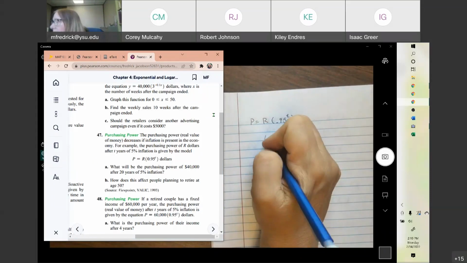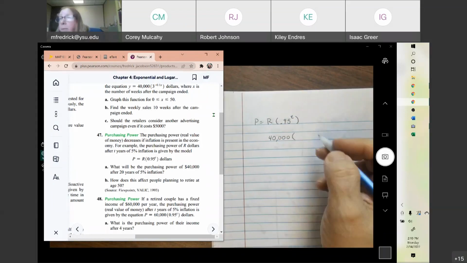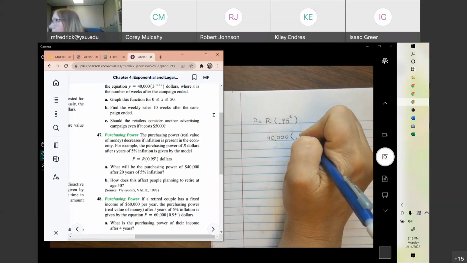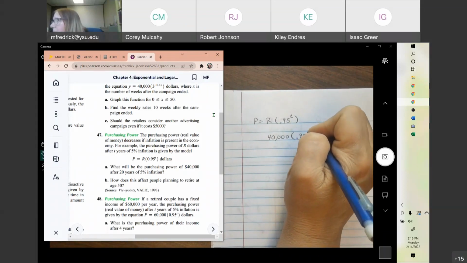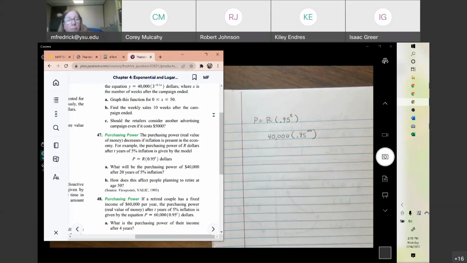So we have $40,000, or maybe make 40,000 a year. We want to find out how much that would be 20 years from now, as long as inflation keeps going up by 5% each year.